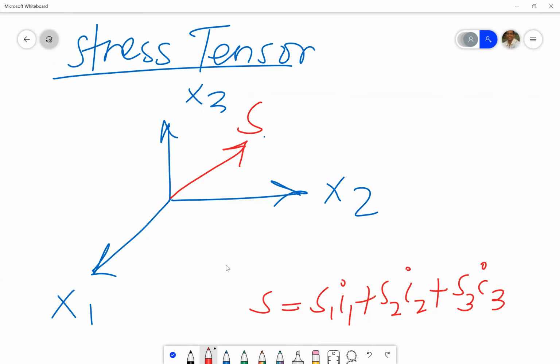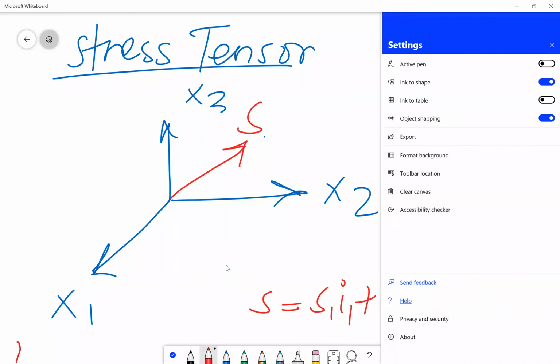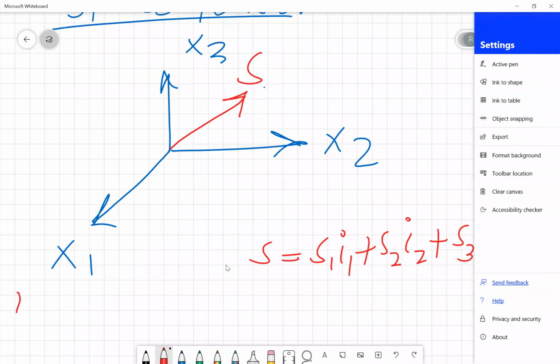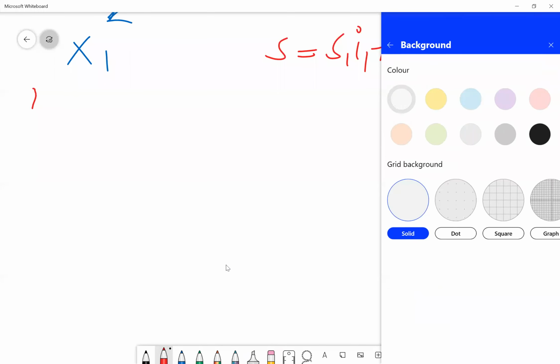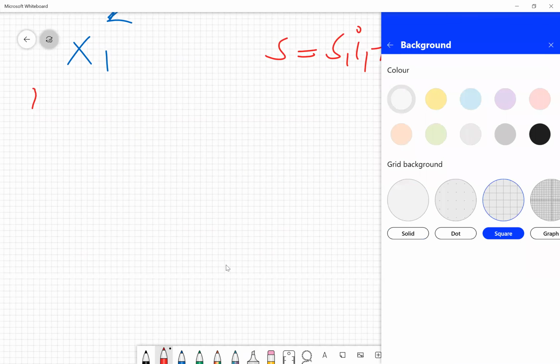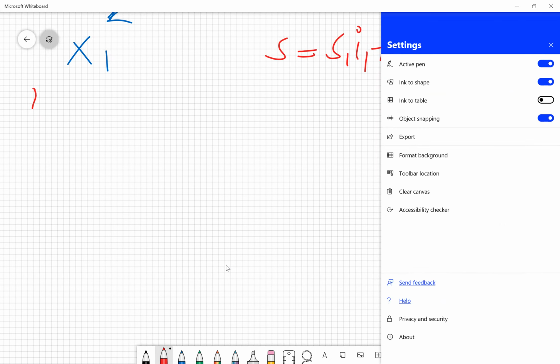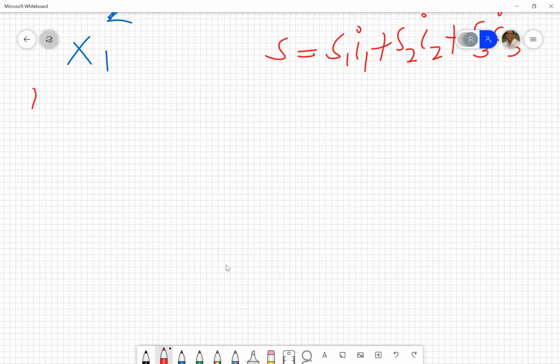What are i1, i2, and i3 here? Just tell me what i1, i2, and i3 are. In a vector quantity, what do these i1, i2, and i3 stand for?